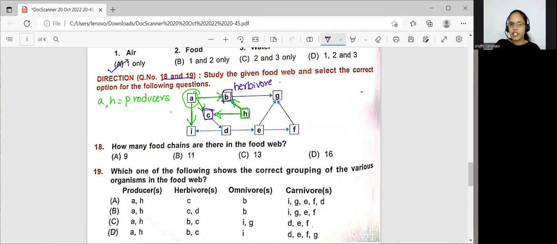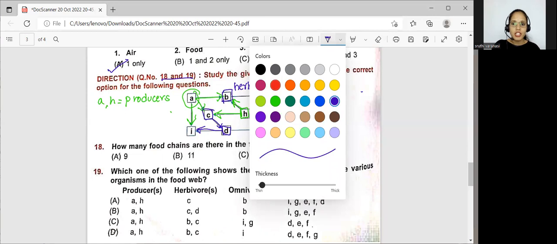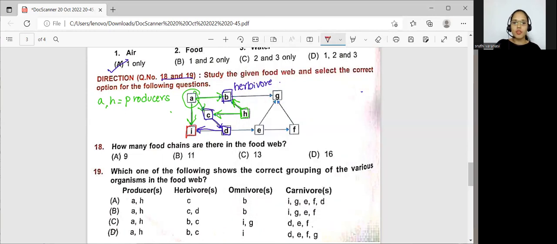I is eating plants, and it is also eating C, a herbivore, which is eaten by a carnivore. So I is eating a carnivorous animal, which means I is not a herbivore. I is an omnivore. Let us write, I is an omnivore.